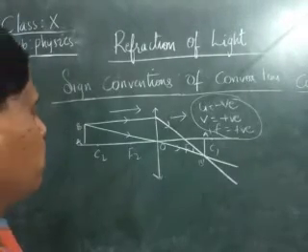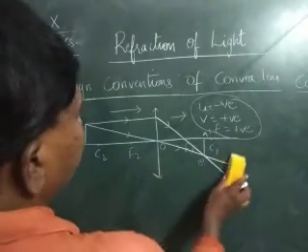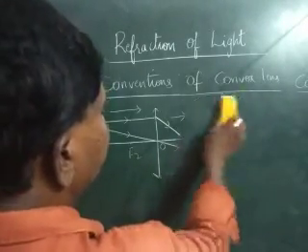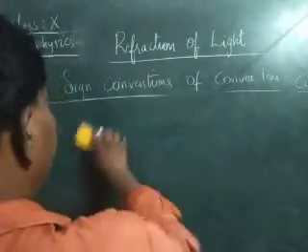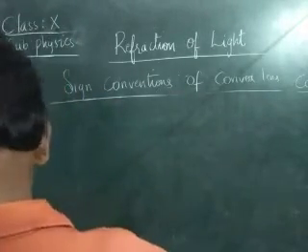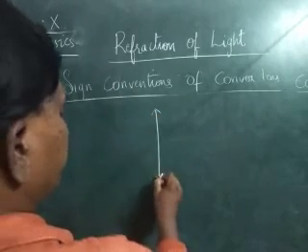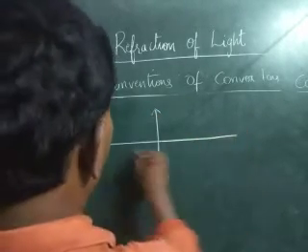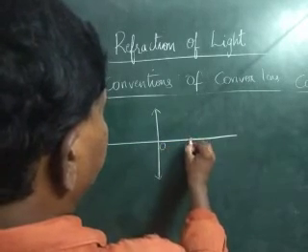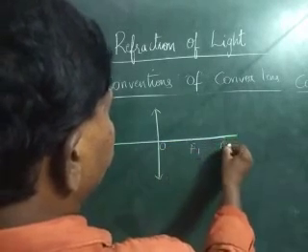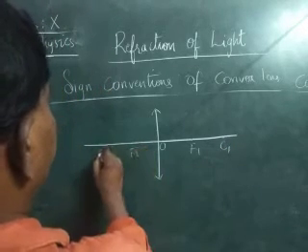Now, what about the case when the object is in between O and F? Let us see. Optic center, F1, C1, F2, C2.